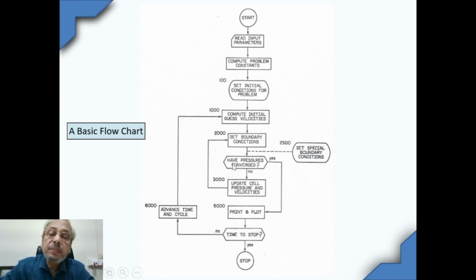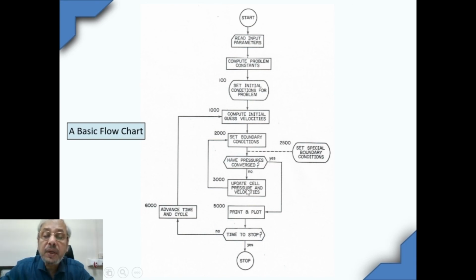Then, have the pressures converged? If it is converged, fine, go out. If it is not converged, then update cell pressures and velocity. This is the so-called pressure velocity iteration, which we have already discussed, at the 3000 level. So this loop is set. It will keep on iterating and ask whether pressure has converged. If it has converged, it will go out of the iteration loop.